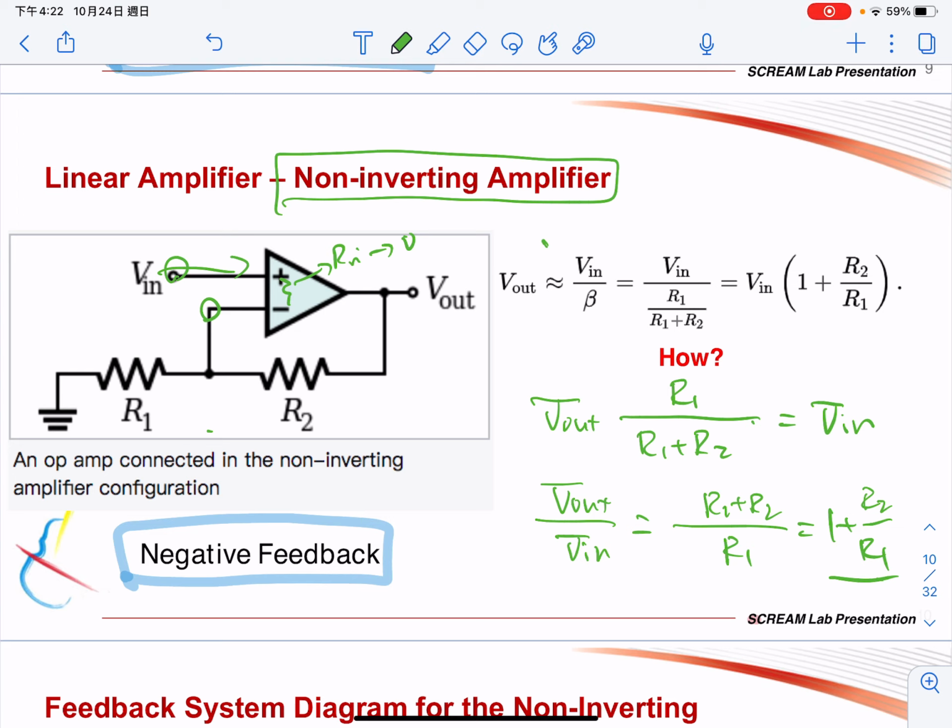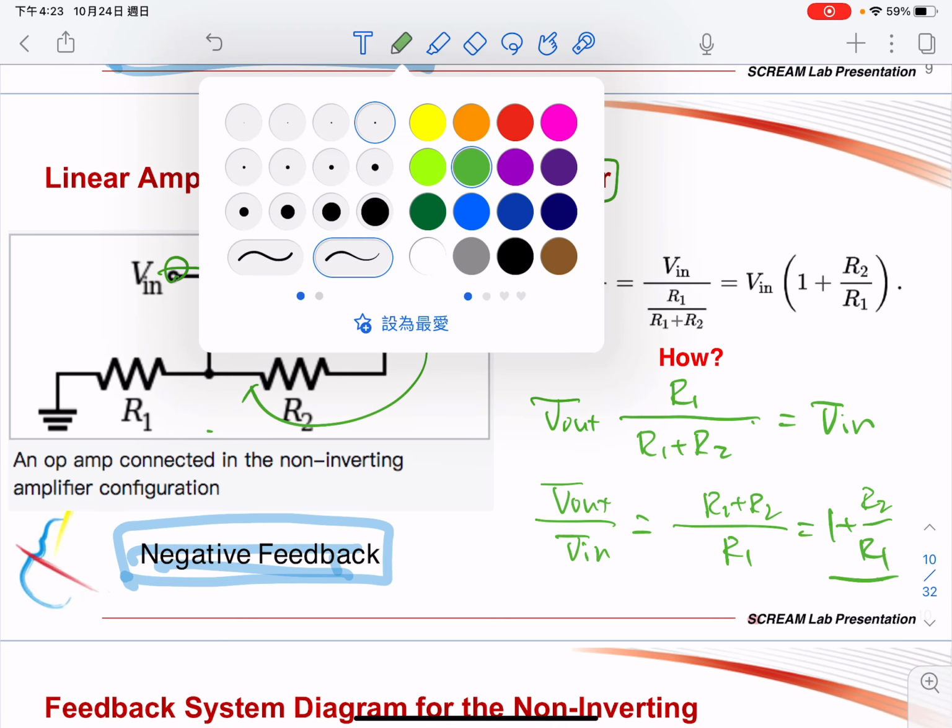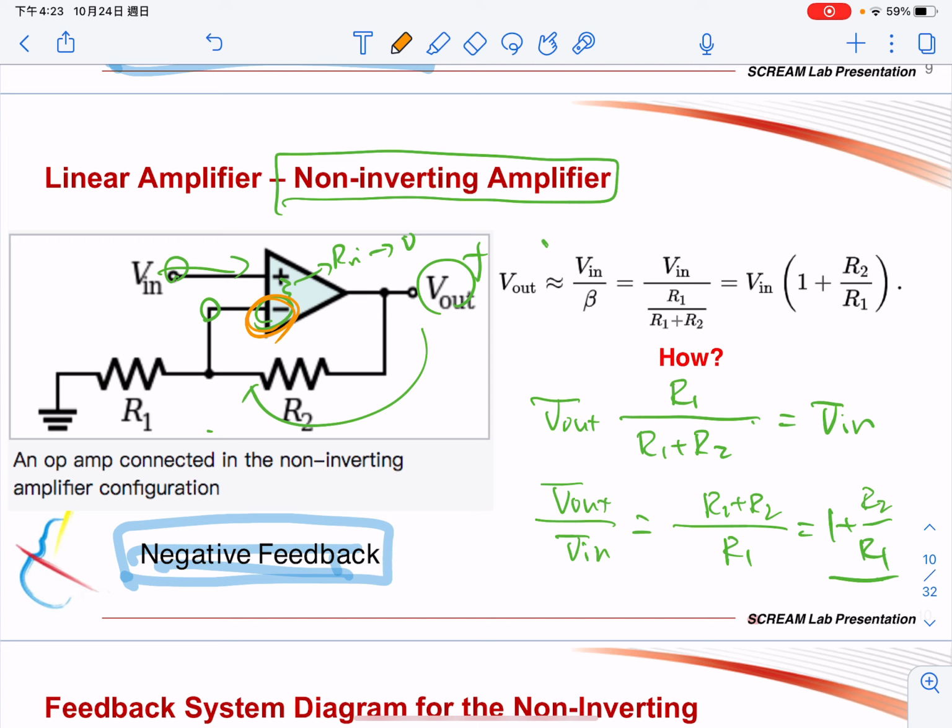So as you can see, the amplification factor is purely decided by the peripheral passive elements. And this one is also negative feedback, because you see here we have the plus here, but we feed back to the negative side. This is the negative side. So we call it a negative feedback.